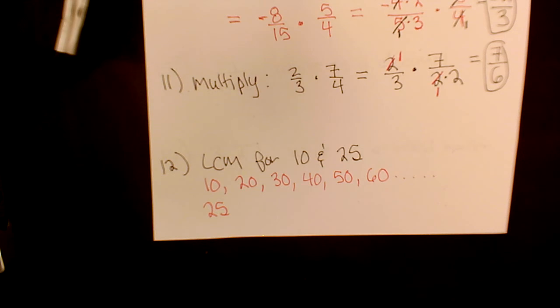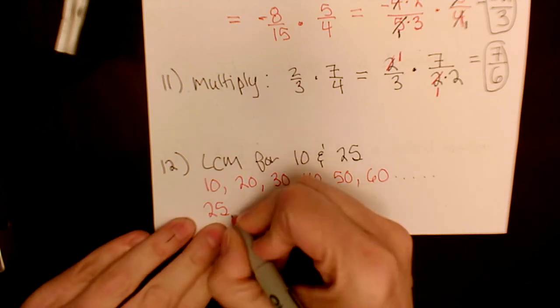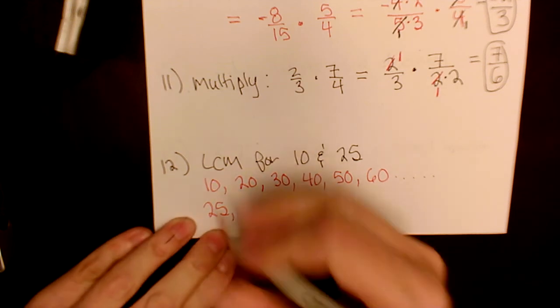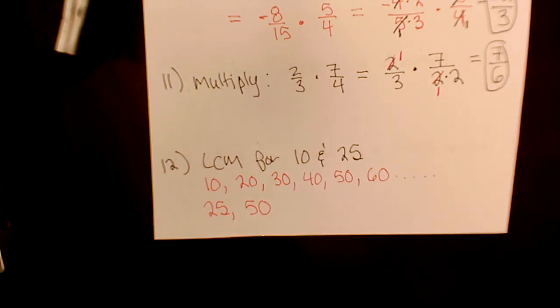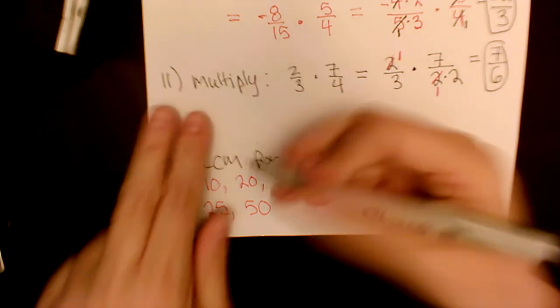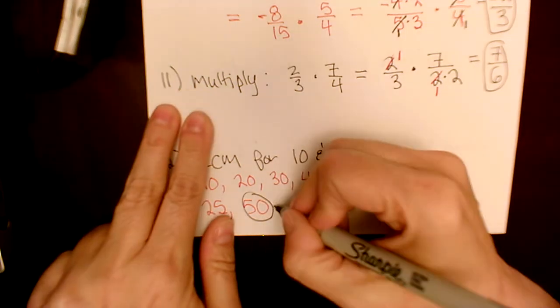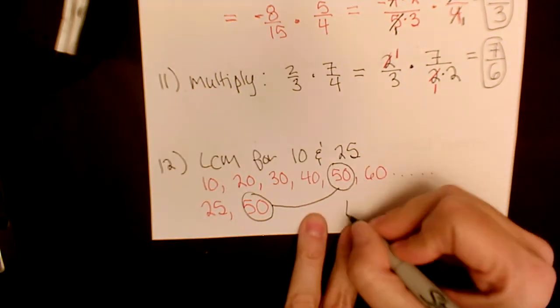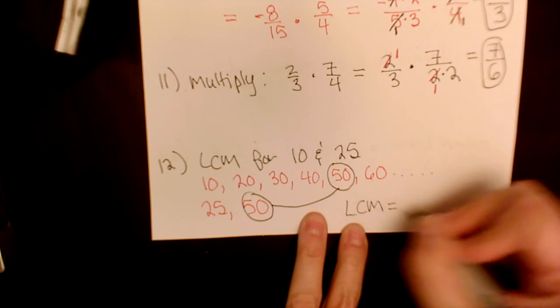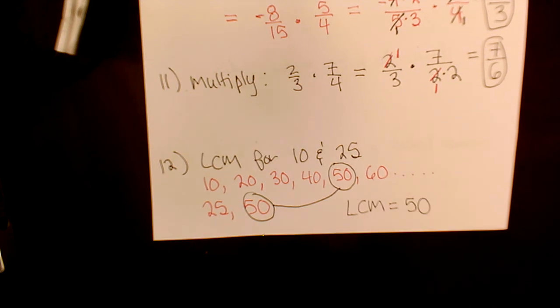Okay, let's do the same for 25. We've got 25 times 1 is 25. What's 25 times 2? Well, if you have 2 quarters, you've got 50 cents. And I see right away I've got a match. So my LCM is 50.